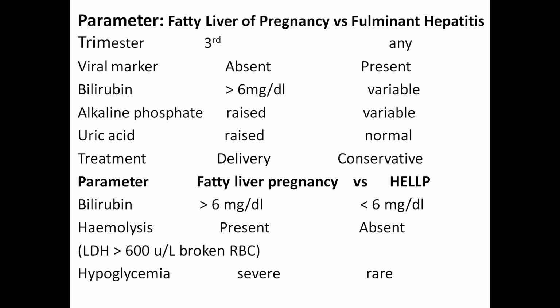For example, in hemolytic anemia, LDH will be raised and there will be broken RBCs. If you see a peripheral smear, you will find broken RBCs. These are called schistocytes. And the third point is hypoglycemia. Severe hypoglycemia is a feature of fatty liver of pregnancy, while it is rare in HELLP syndrome.